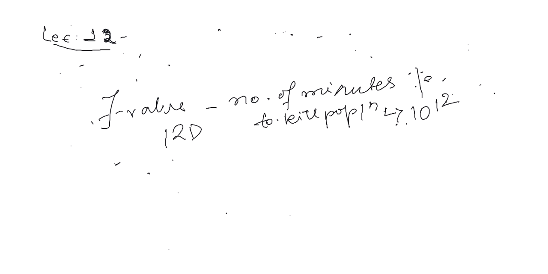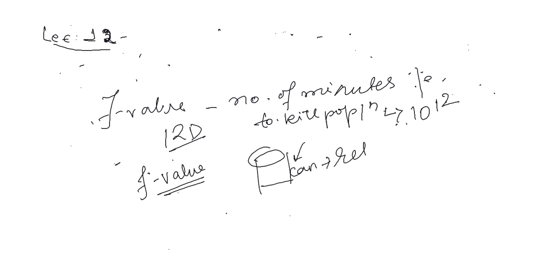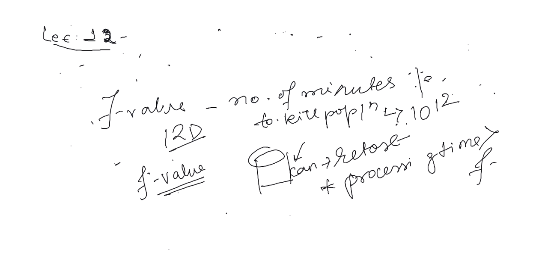Now the F value, usually whatever we keep, the processing time. Suppose we are keeping a particular material in the can and going for retort processing. The processing time should be greater than that of the F value.